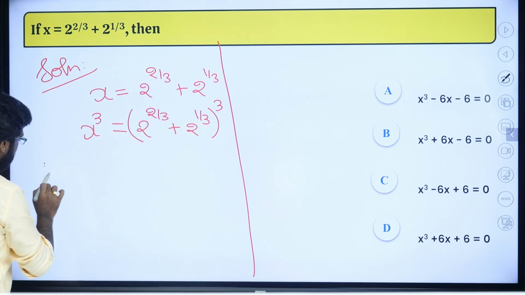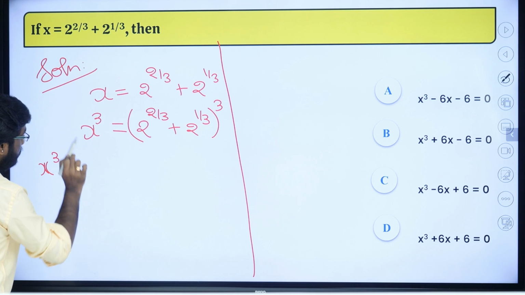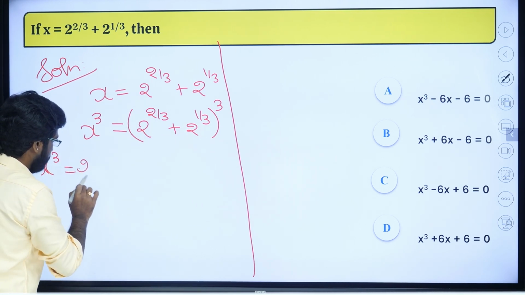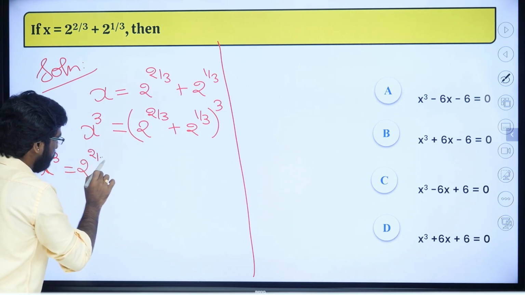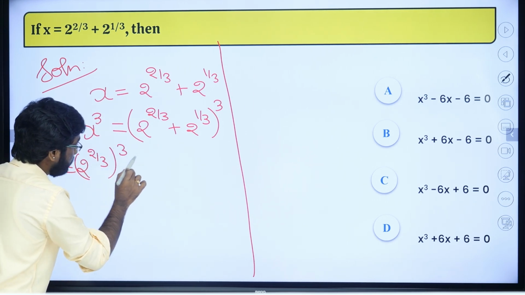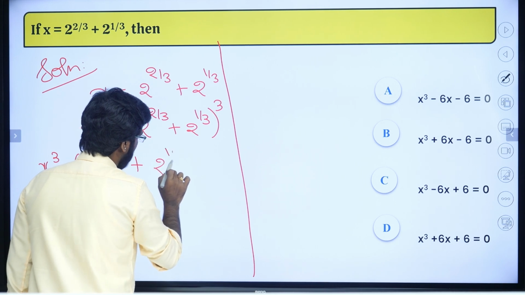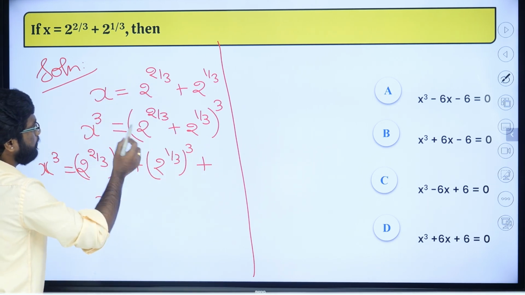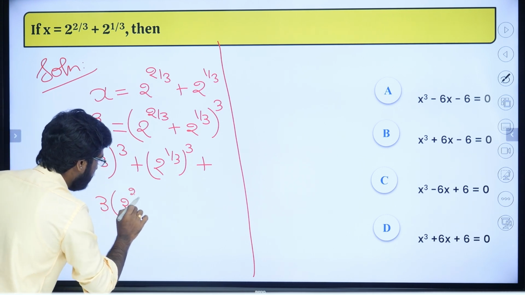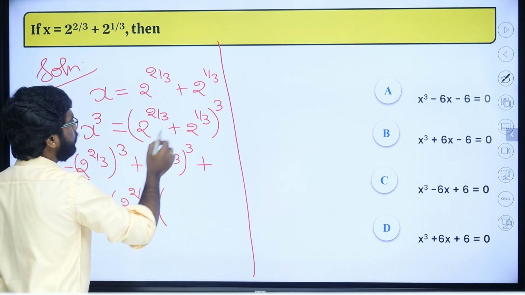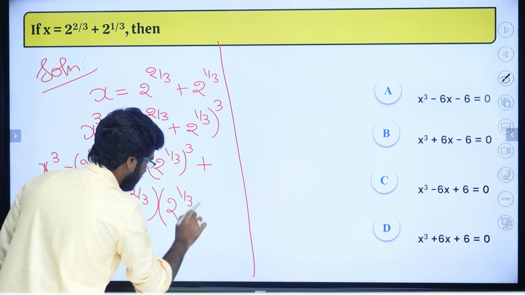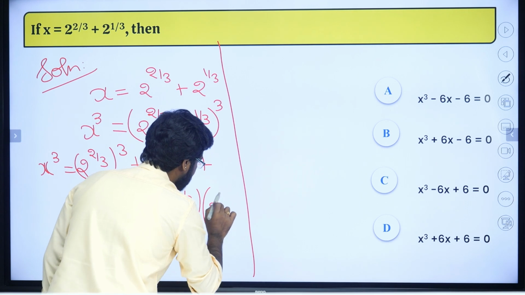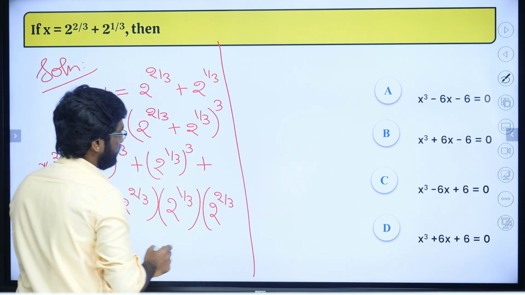So x cube equals, now we have to expand it. a cube, which is 2 power 2 by 3 the whole cube, plus b cube, 2 power 1 by 3 the whole cube, plus 3 into ab, 2 power 2 by 3 into 2 power 1 by 3, into a plus b. Please don't forget 2 power 2 by 3 plus 2 power 1 by 3.